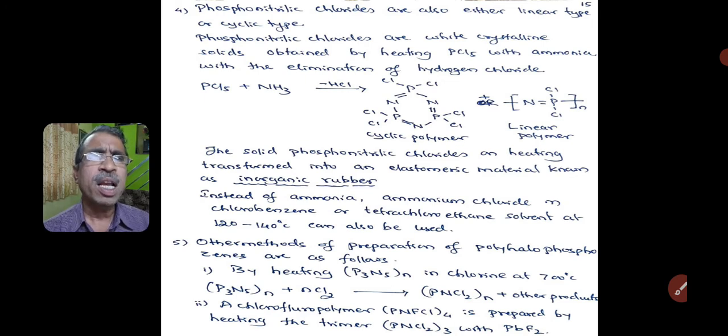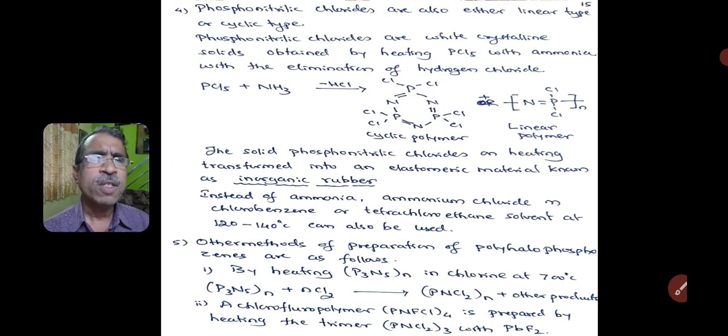The phosphonitrile chlorides are white crystalline solids obtained by heating phosphorus pentachloride with ammonia, with the elimination of hydrogen chloride. So PCl5, when treated with ammonia, gives the cyclic trimer and also the linear phosphazene polymers.